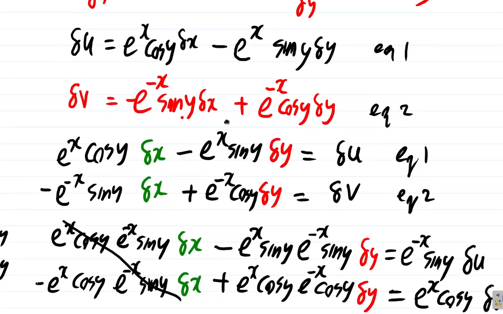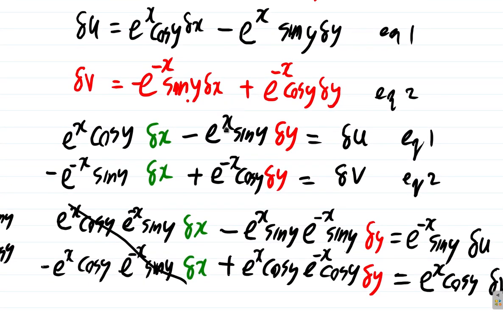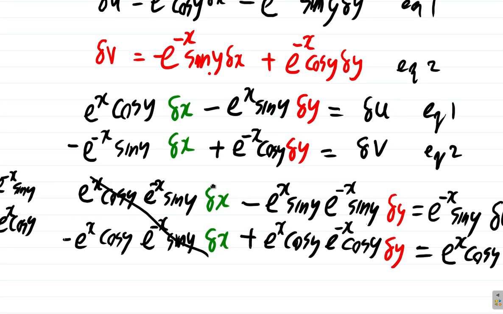Alright, so we end up with these two equations, equation 1 and 2. We multiplied so that we eliminated del x to get del y. Now let's redo this, but in this case we're going to eliminate del y to get del x.